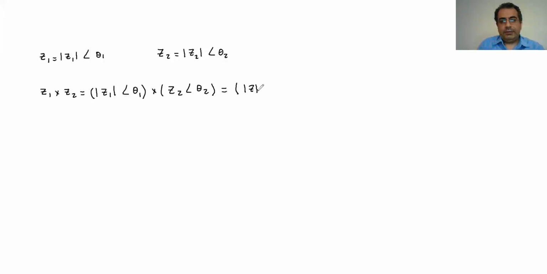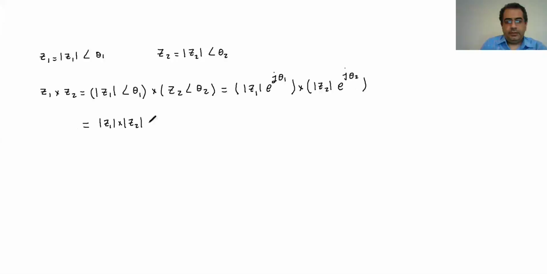So it's going to be z1 e to the power of j theta 1 times z2 e to the power of j theta 2, and then if I just do that, it's going to be z1 times z2 times e to the power of j theta 1 plus j theta 2, which becomes again z1 times z2 times e to the power of j theta 1 plus theta 2.